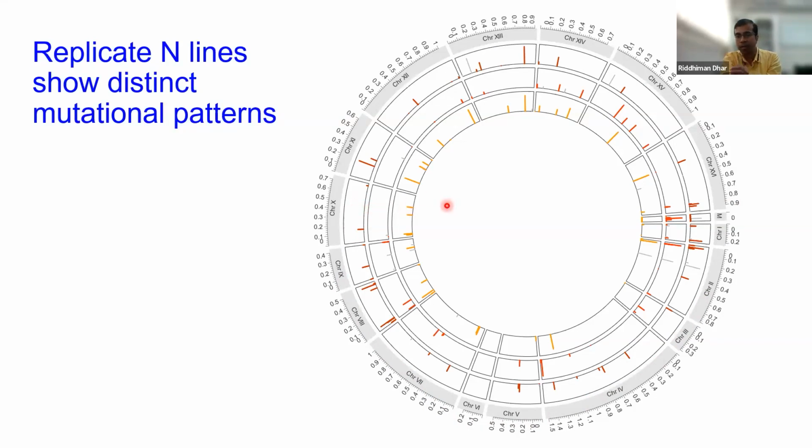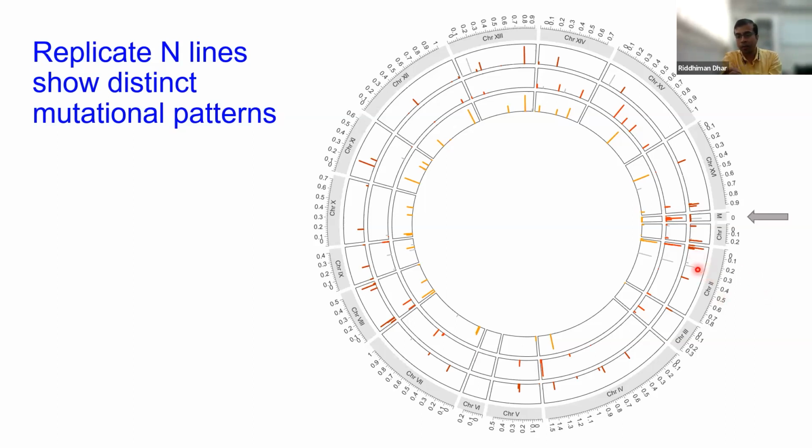Most of these mutations are unique, except some shared mutations here and there between the lines. What you will probably notice here is that the N2 line especially contains a very high frequency mutation in the mitochondria, and I'll talk about that a bit later.